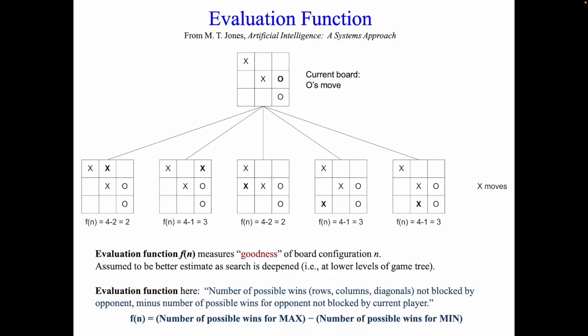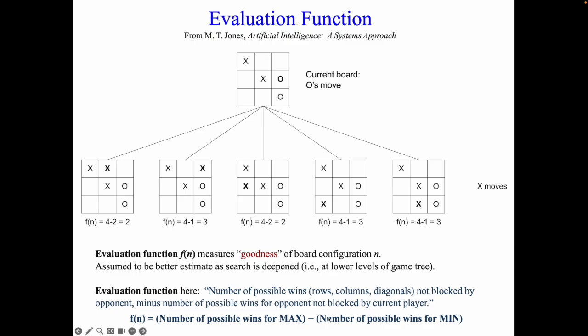Third, blocked. So far, how many? 3. And now let's look at the diagonals. This one is already occupied, so blocked by O, and so it remains only this one. So we have 4 here. This gives us the number of possible wins that are not blocked by the opponent, or the number of possible wins for max, which is X here, right?